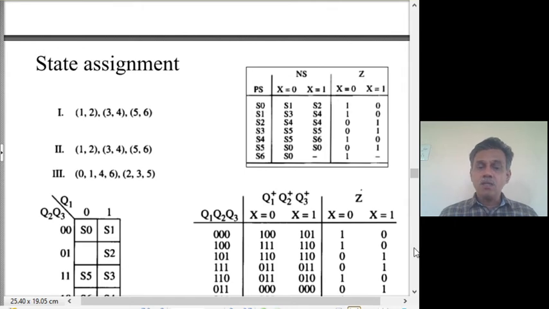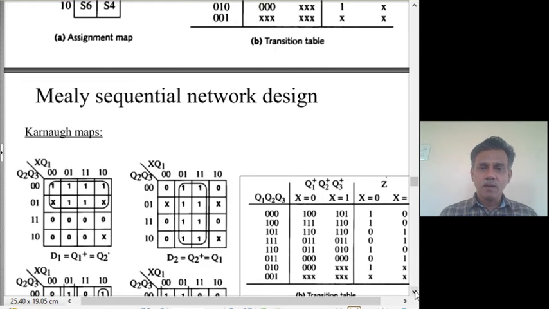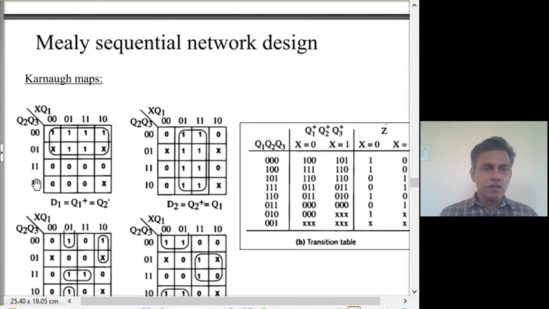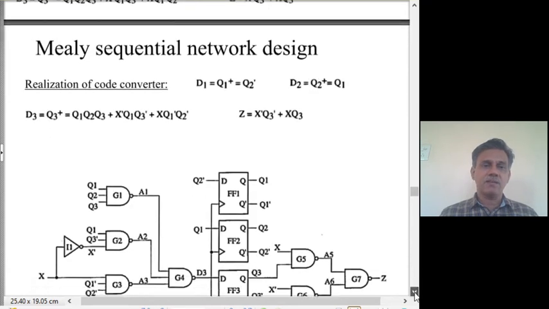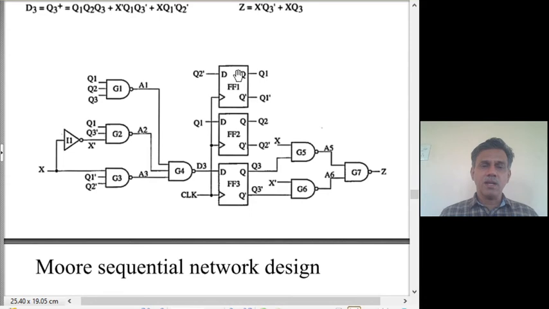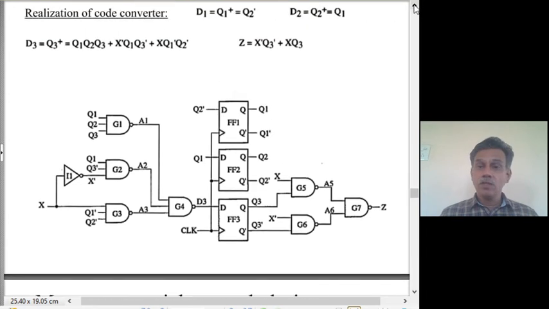Later on, for each of these functions, Q1 plus, Q2 plus, Q3 plus and Z, we treat them as functions, minimize them using the K-map reduction technique, and then come up with gates to design it like this. So this is a flip-flop for Q1, Q2, Q3 and some gates that realize the functions given here. This is going to be the outline of our design.